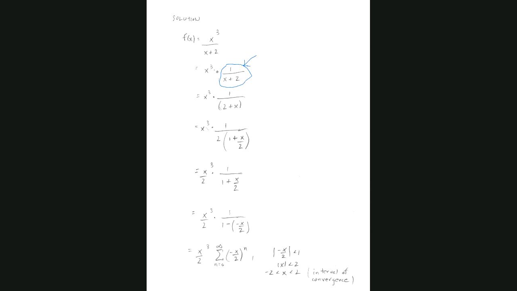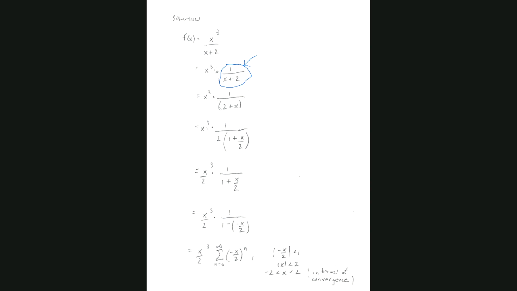Now, the formula we have is 1 over 1 minus an apple, right? That's what's on the left side of the formula. So I have 1 over x plus 2. I have the variable first here. I'd like the number first. So I'll write that as 1 over 2 plus x.